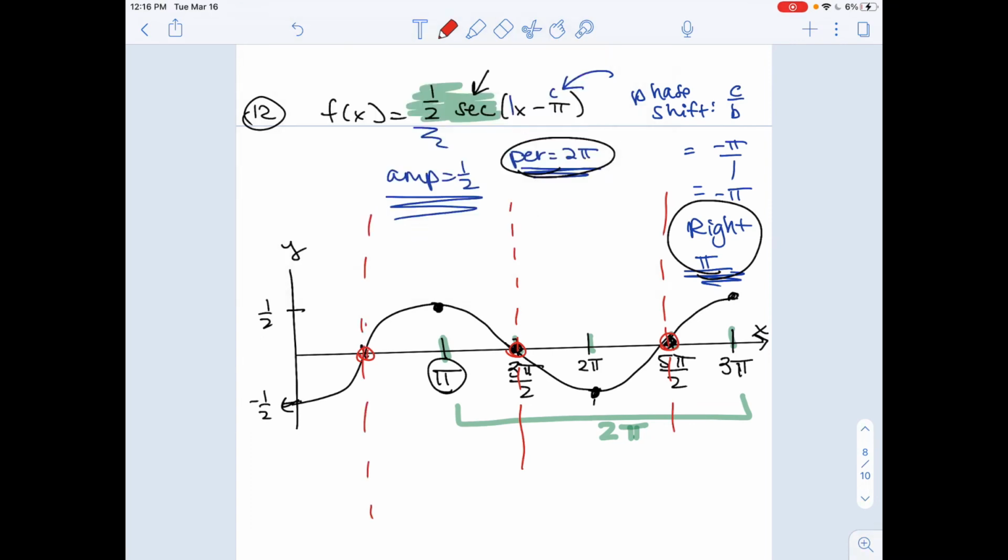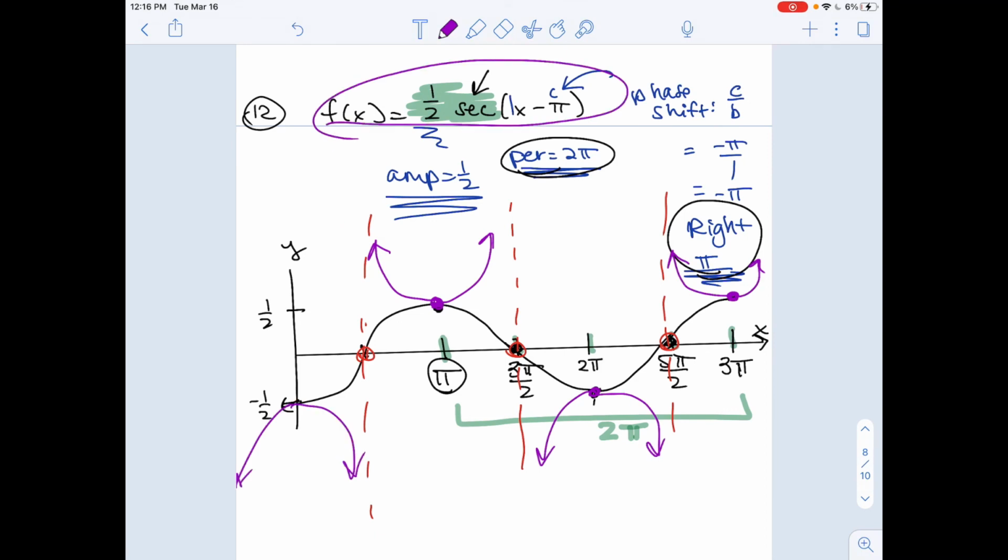And then we find our peaks and our valleys, or the maximums and minimums, and these are now the points that we take our inverses from, and it's going to reflect the shape up within the bounds of the asymptotes. And that is what we look like. So the purple function is our 1/2 secant x minus pi.